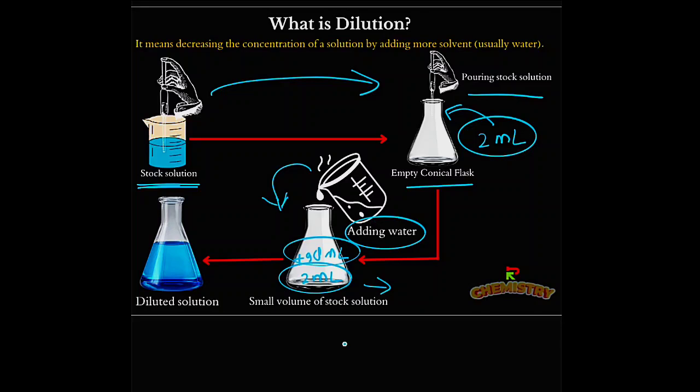So the final volume of the solution is 100 ml. It includes 2 ml of our stock solution and 98 ml of water. So we have diluted the stock solution with 98 ml of water.